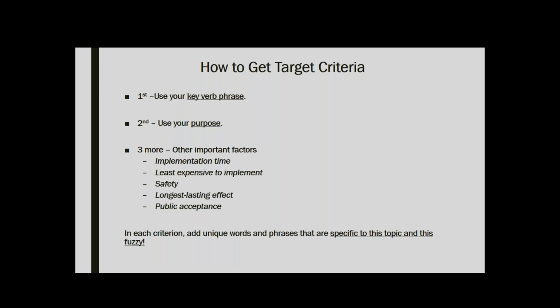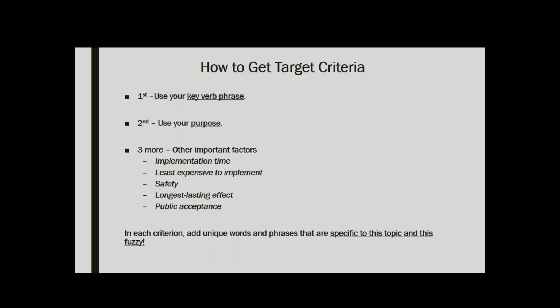Implementation time. Obviously, we would like to start improving the situation as soon as possible. Least expensive to implement. I'm afraid that some people, when they use that superlative, I've actually seen teams say, which will be the most expensive to implement, thinking that that's going to help them, but it doesn't, as you will see when you get ready to start ranking.